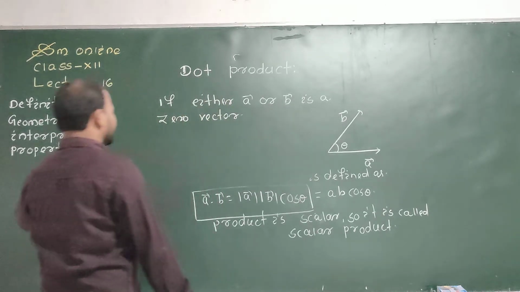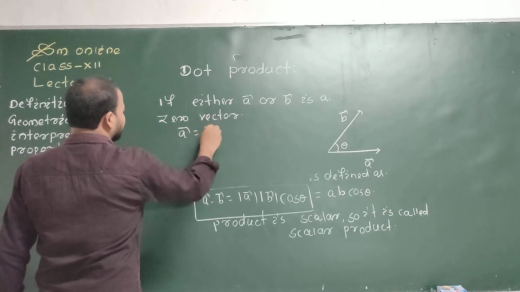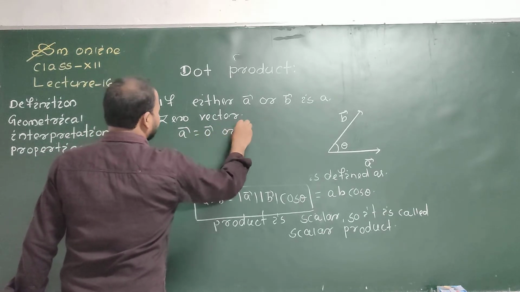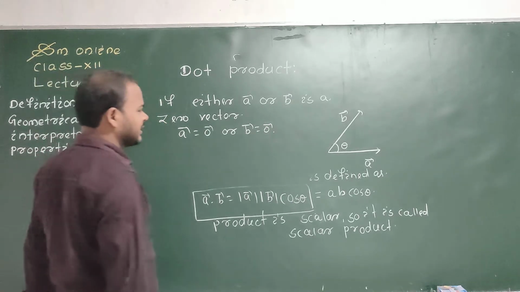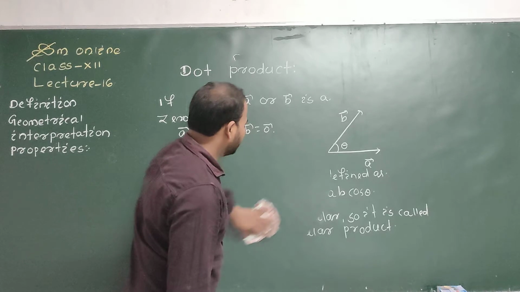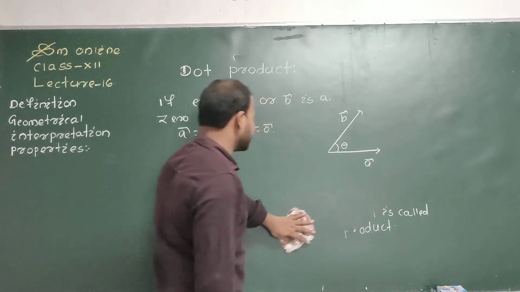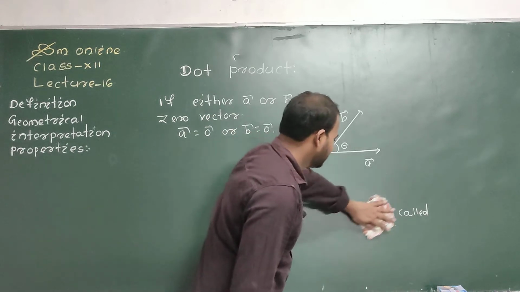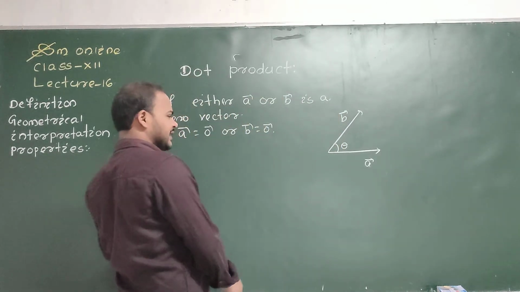Let us see. That means if vector A equals the zero vector or vector B equals the zero vector. We know that if vector A and vector B are two non-zero vectors, then theta exists.